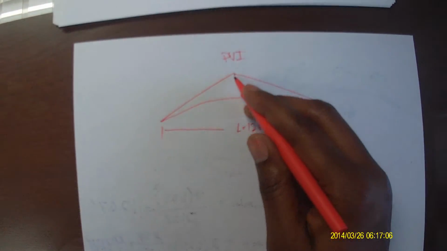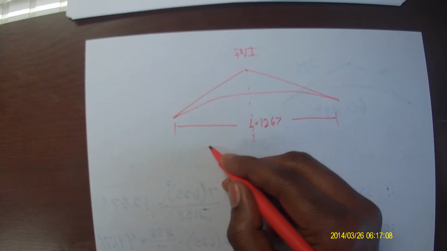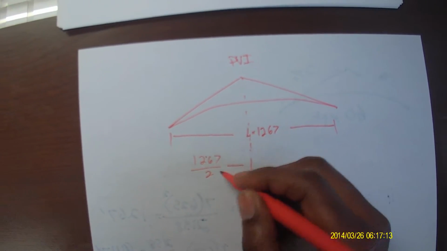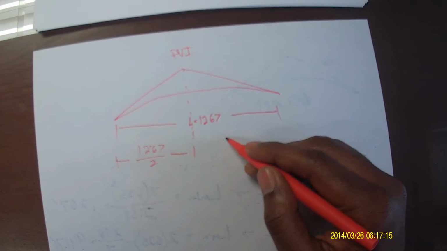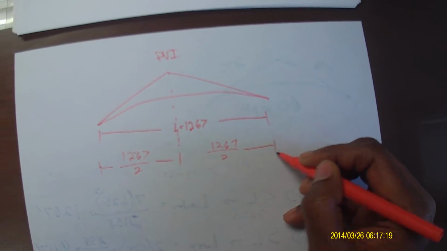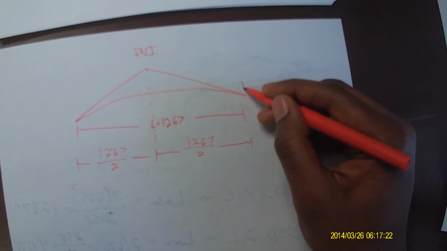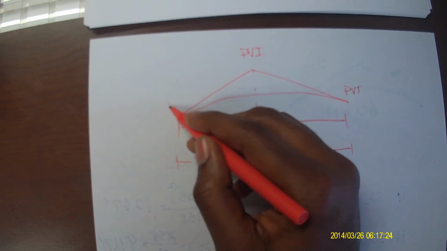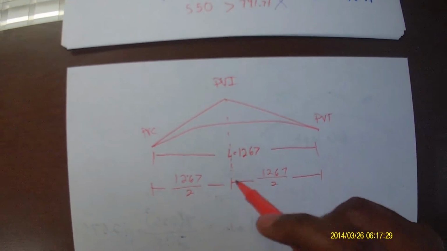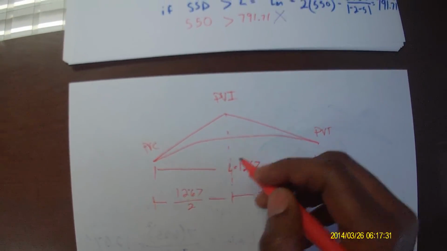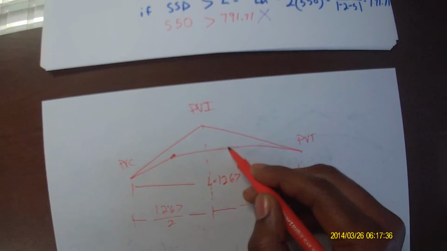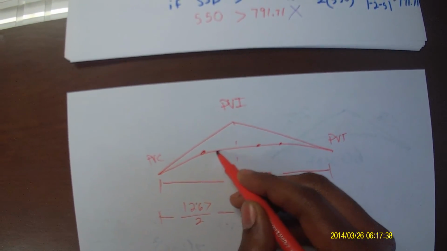So this means that 1267 over 2 is from here to here, and 1267 over 2 is from PVI to PVT. You can probably imagine that now I can use this length in combination with other equations that we've already talked about to determine what elevations are at any location along the curve.